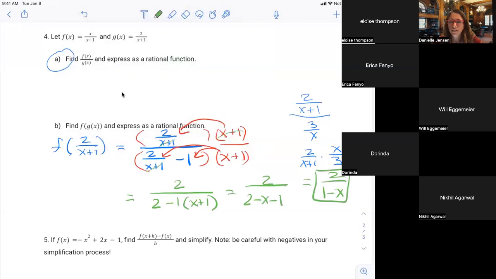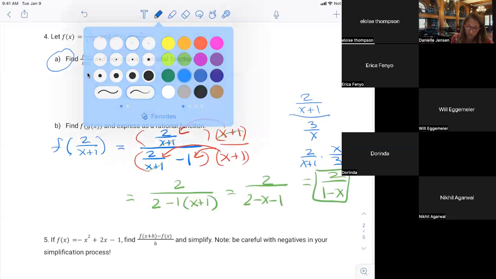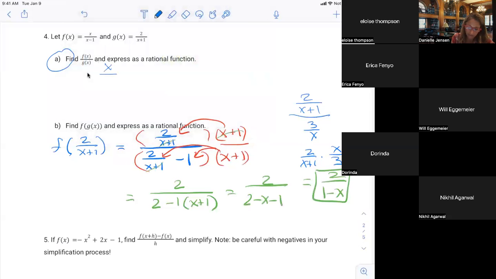Since we're here, let's do part A, which is instead of a composition, we're just going to divide the two, but it's going to result in us needing to do a little simplifying. So f of x, which is x over x minus 1, divided by 2 over x plus 1. Notice how this simplifying is different, because I just have a single fraction in the numerator and a single fraction in the denominator.